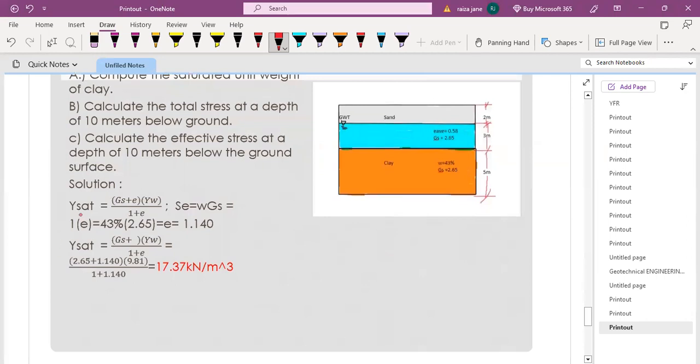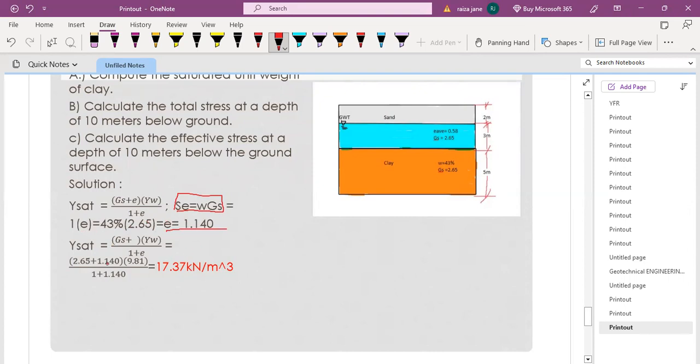So, unit weight of saturation natin is equal to specific gravity plus void ratio multiplied by unit weight of water over 1 plus void ratio. So, first thing to do, we solve the void ratio using this formula. Since saturated na siya, 1 times E equals to 43% times 2.65, and our void ratio will be 1.140.